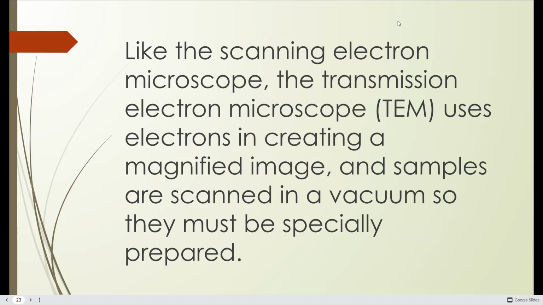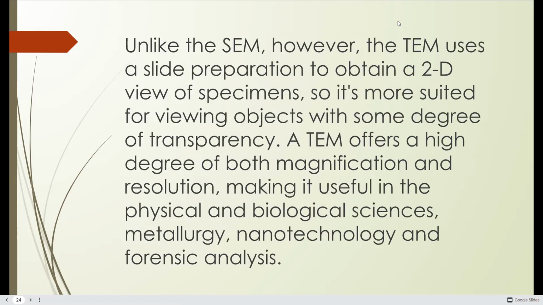Samples are scanned in a vacuum, so they must be specially prepared. What is different now? The samples undergo thin preparation. It's more suited to objects with some level of transparency because you see 2D, not the big picture.